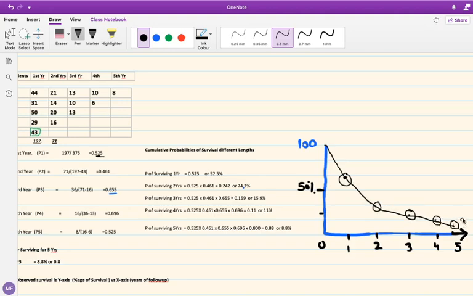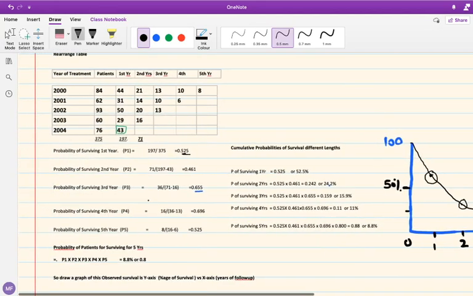This is the last one, 8.8%. This is the cumulative survival curve you are seeing right now. It is a survival curve of a hypothetical example of patients who started treatment in 2000 and were followed for 5 years, with the assumption that we don't lose any data. So this is the conclusion of observed survival.